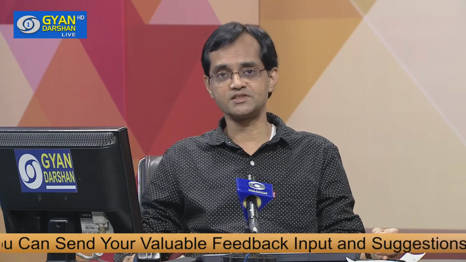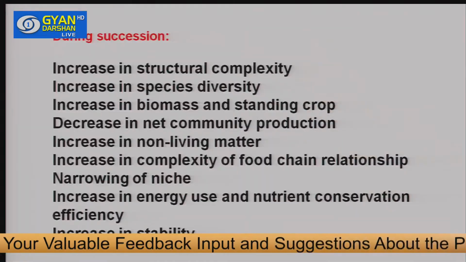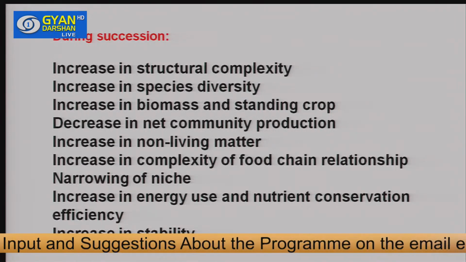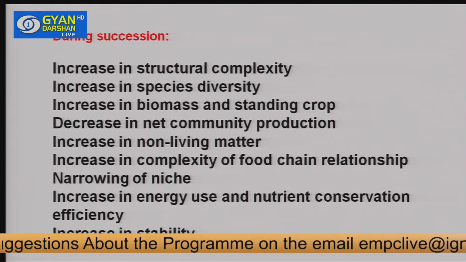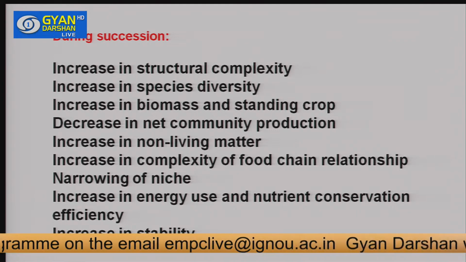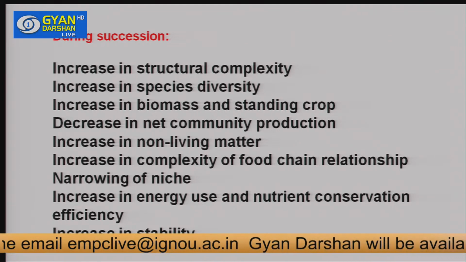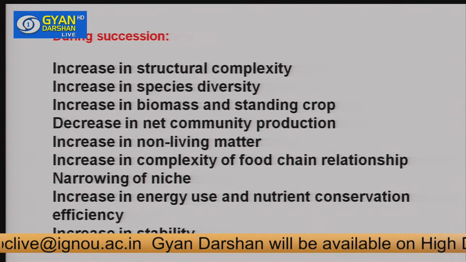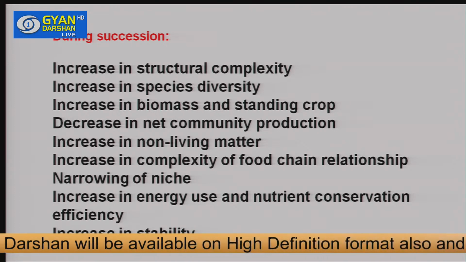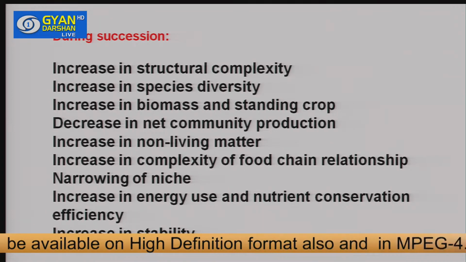Now what happens during succession? That is, what are the events that occur during succession? There is an increase in structural complexity, an increase in species diversity, an increase in biomass and standing crop, and a decrease in net community production. There is an increase in non-living matter, an increase in complexity of food chain relationships, and narrowing of ecological niche.